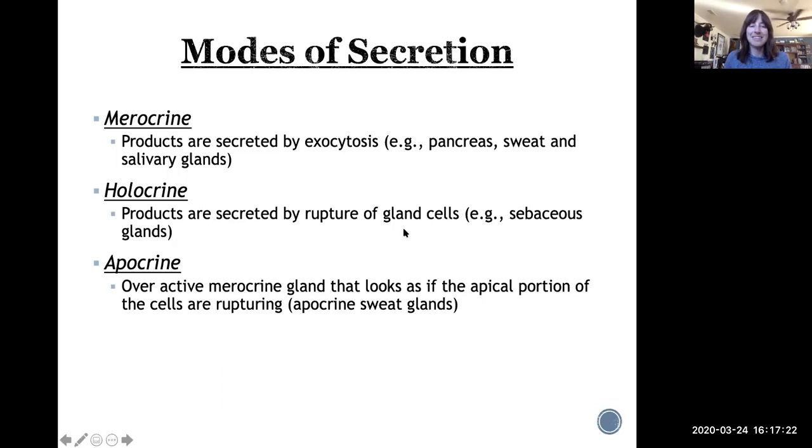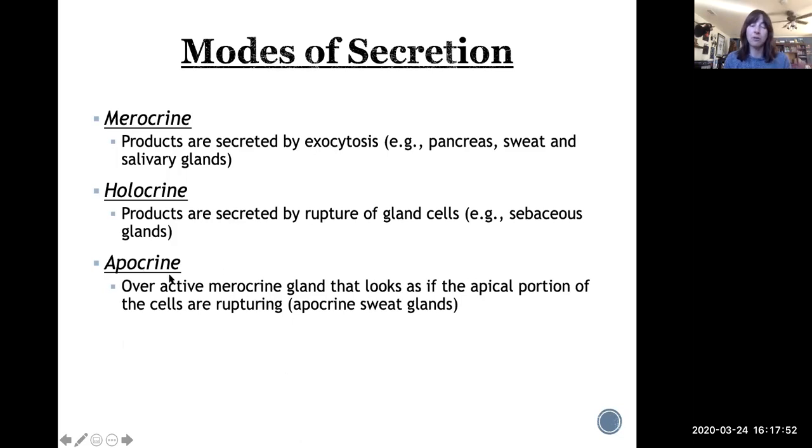They produce that sebum, which is the name of the oil that sebaceous glands produce, by the gland itself rupturing and releasing its product into the duct of the exocrine gland. And apocrine glands are somewhere in between. So basically some of them are secreting their product by exocytosis.